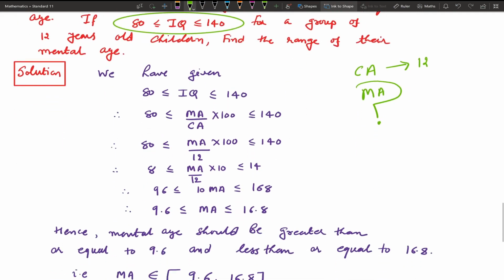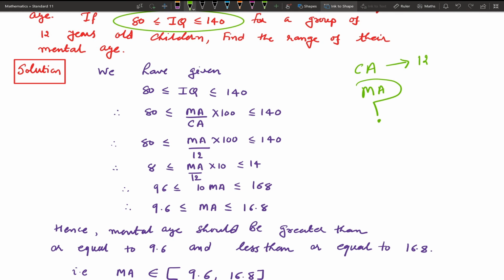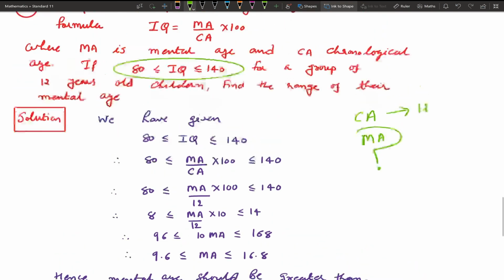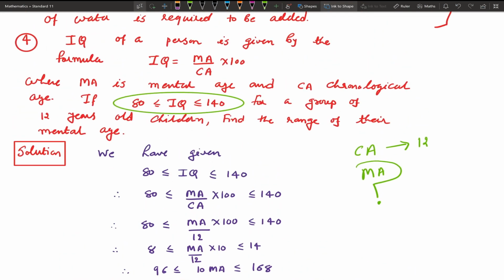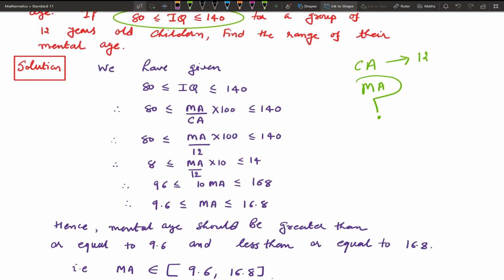Now this is given, 80 less than or equal to IQ less than or equal to 140. Put the formula for IQ equal to MA upon CA into 100, that is by the formula which is given. Now for children, the chronological age 12 years is given, so put CA equal to 12.